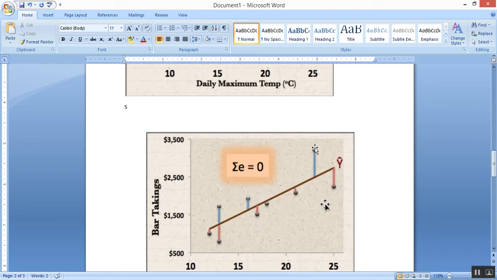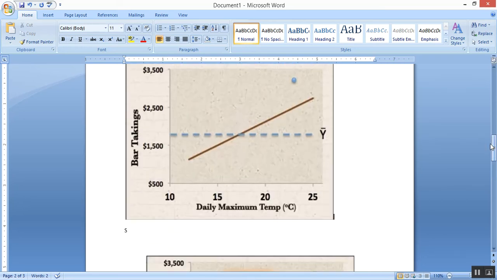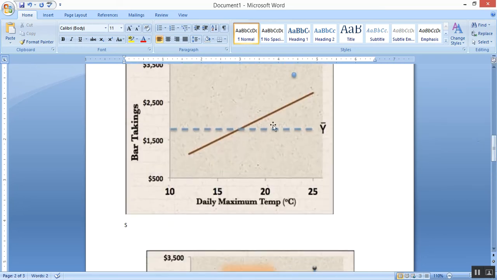And what you're going to find is that each of these 9 observations has some distance from the mean and the predicted values. Now, we're going to expect that because, remember, we are predicting some degree of variation in a regression. If there were no variation in the dependent variable, it would not be a variable. It would be a constant.